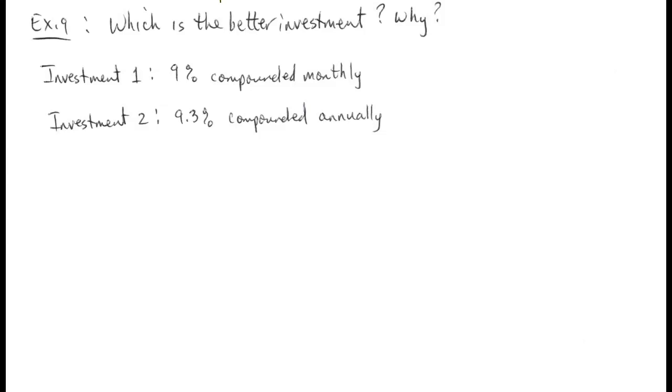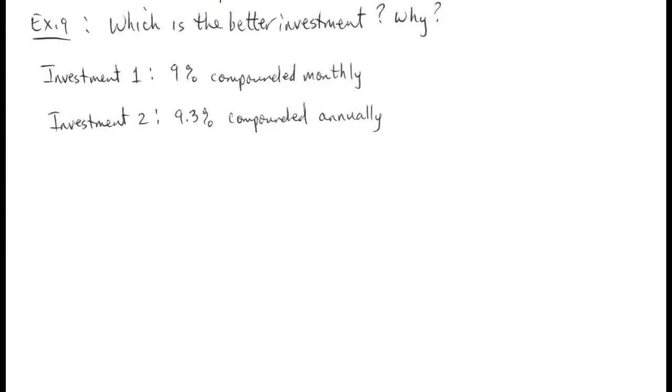We're going to start off with answering the why first. Whatever answer we end up with, the better investment is the one that's going to have the higher effective or true interest rate or higher annual percentage yield.